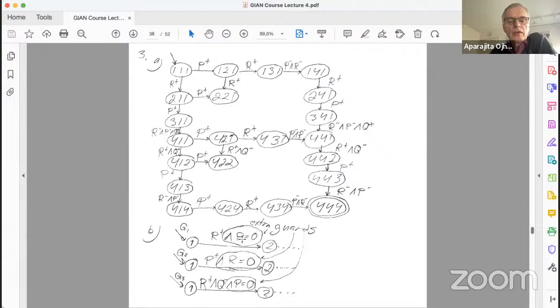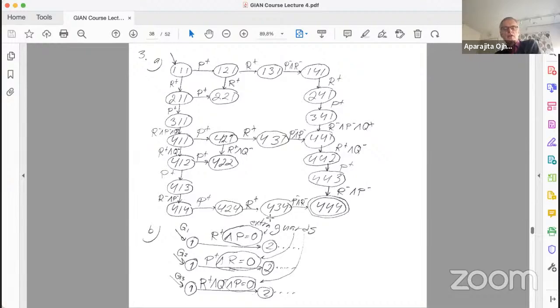R plus and P equal 0 is then an extra guard. For G3, it's also R plus and P equal 0, while for G2, it's P plus and R is equal 0 instead of P is equal 0.